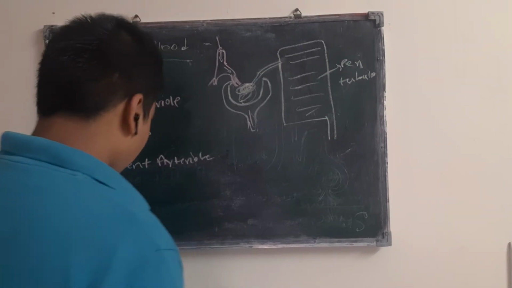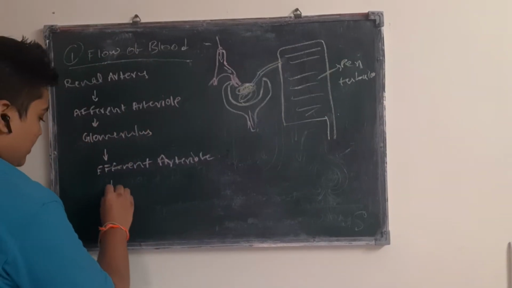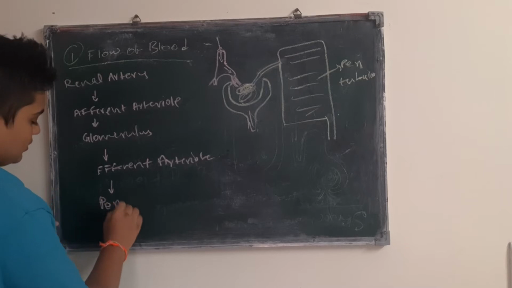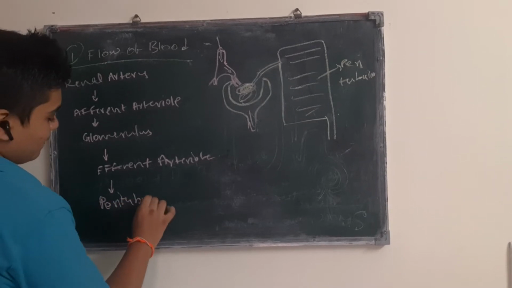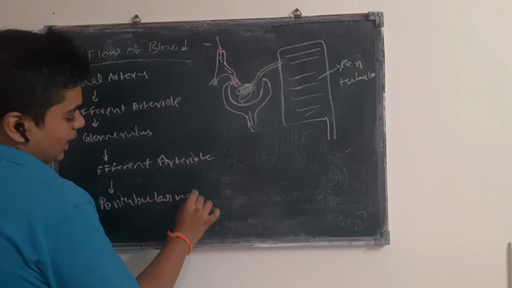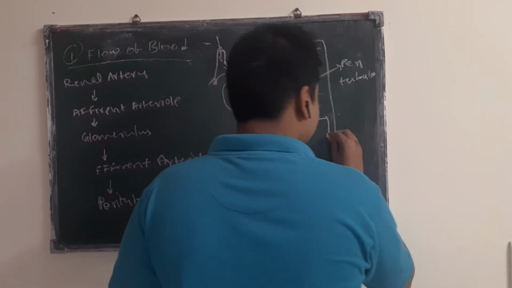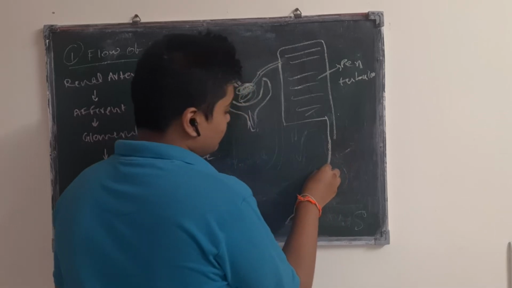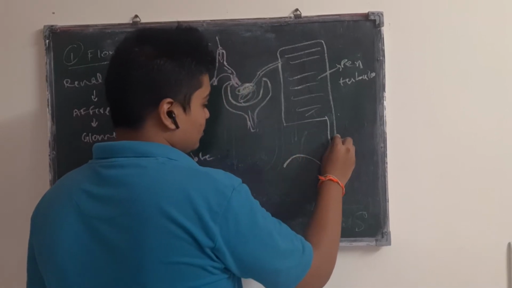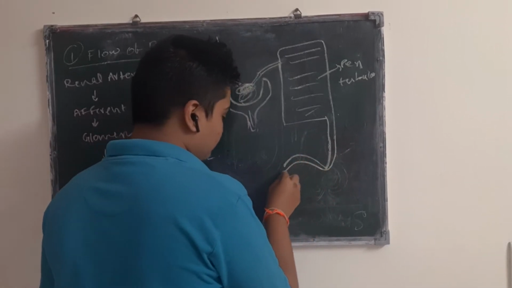Now after the efferent arteriole, blood passes through the peritubular net. After the peritubular net, we have the vasa recta, not vasa deferens. This is your vasa recta.